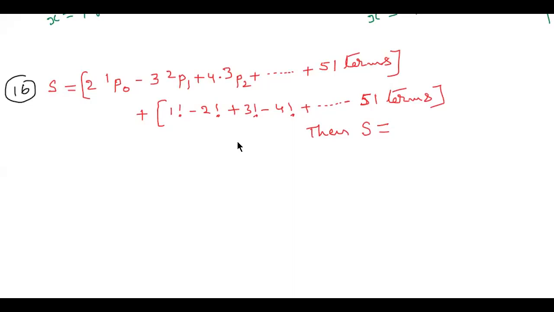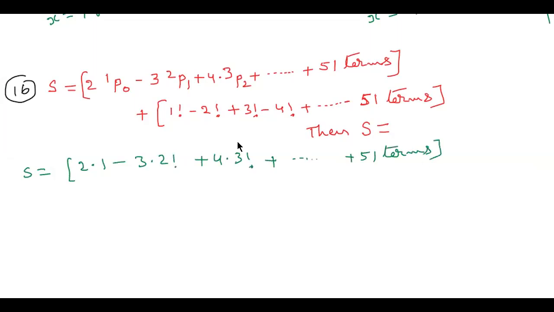So we can simplify the first sum of the terms, first bracket. 2 into 1P0, 2 into 1; minus 3 into 2P1 means that is 2 factorial; plus 4 into 3P2 means 3 factorial, plus and so on. The last term we don't know, so I am writing 51 terms.